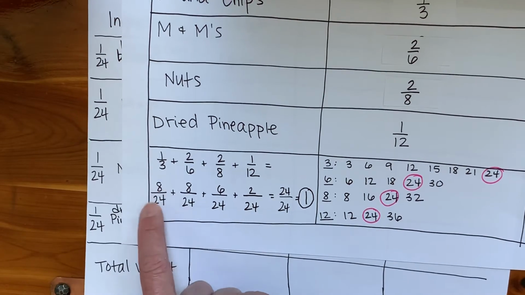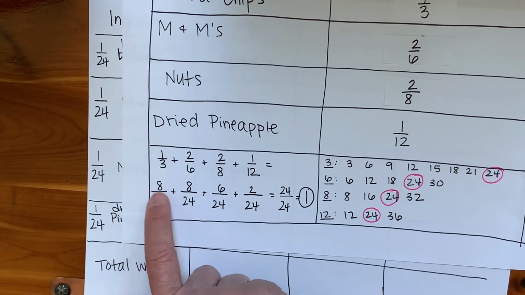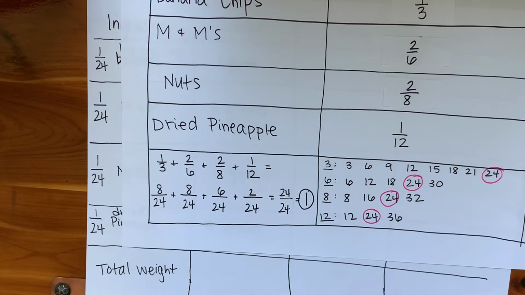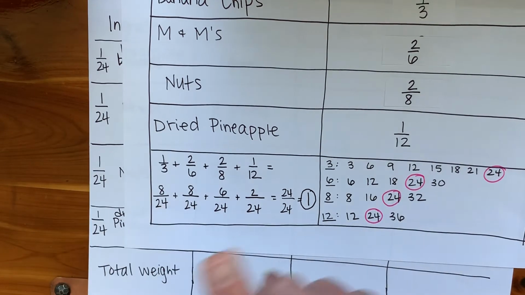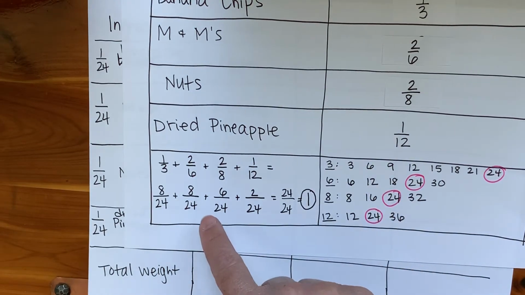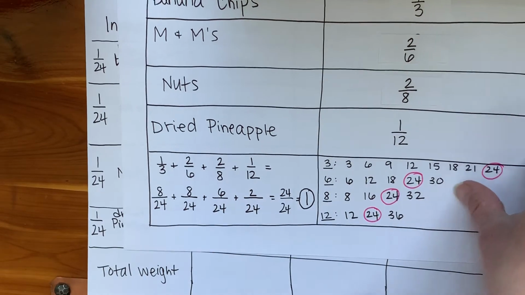I know that 1/24 weighs 1 gram, but he had 8/24, so what am I going to do to find out how much 8/24 weighs?